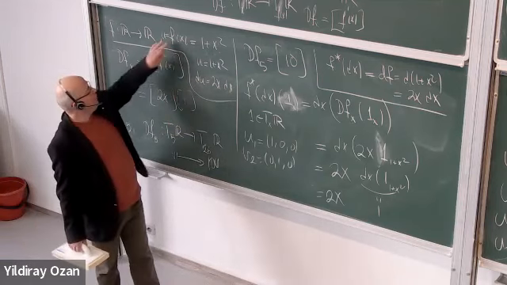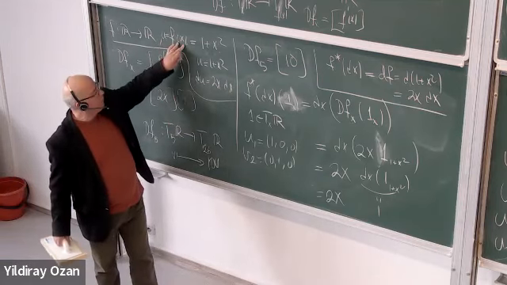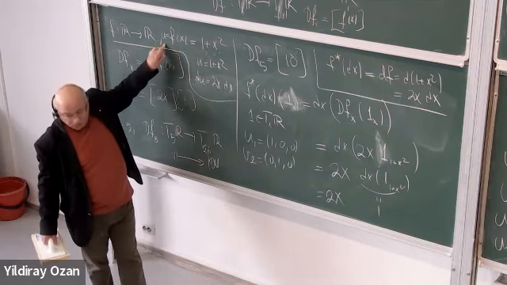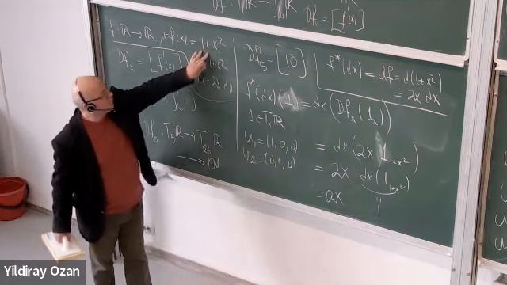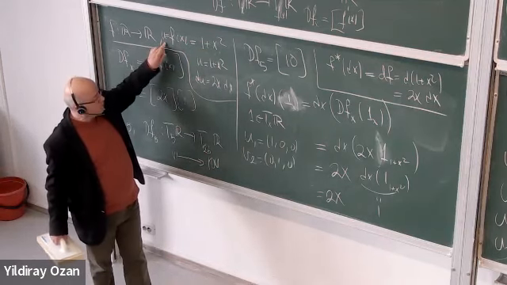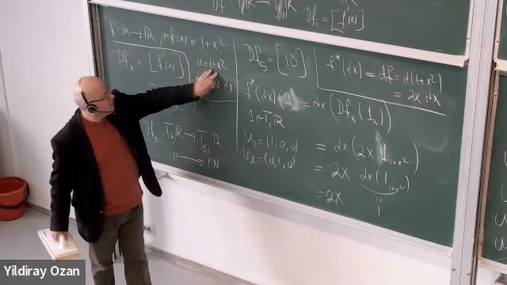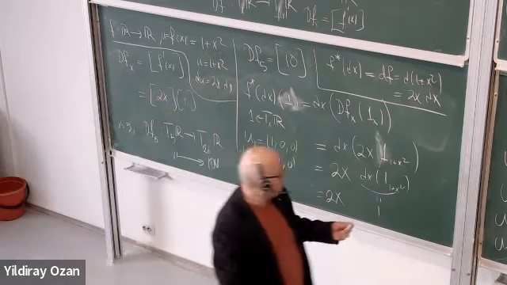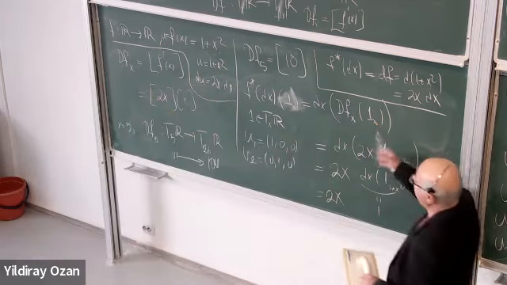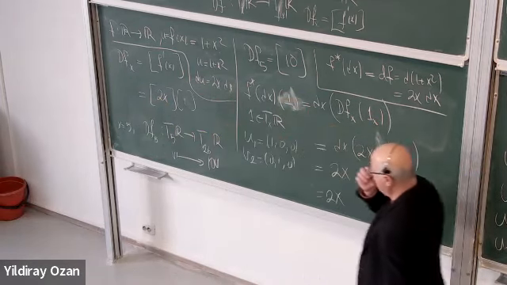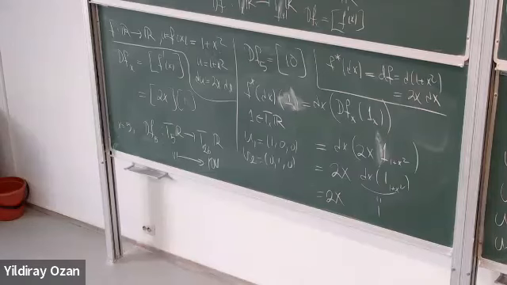If you call the image of this function your new variable, then du, the one form corresponding to this function, is nothing but the derivative of this times dx. So this pullback operation is nothing but a fancy way of writing variable change.